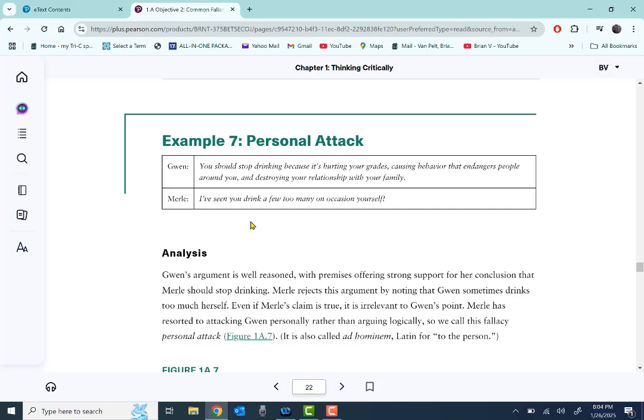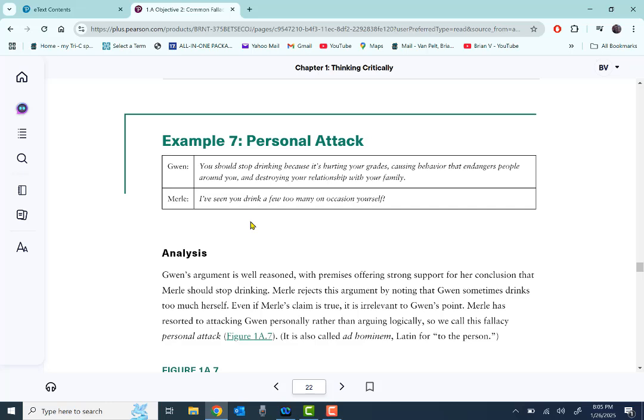So Merle is what you'd call throwing it back in her face. The phrase here that I've heard used in the last few years is called whataboutism. This is where somebody is shown to have a problem and someone will point out that somebody else has the same problem. So therefore, the original person who has the problem, it's not really a problem because it's shared by other people.